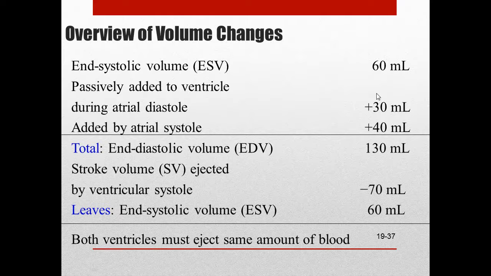So start again. We have our end systolic volume. Our end systolic volume is the amount of blood that remains in the ventricles after they have contracted. Now there's blood that's passively added into the ventricles during atrial diastole as well as systole, which gives us our 130.